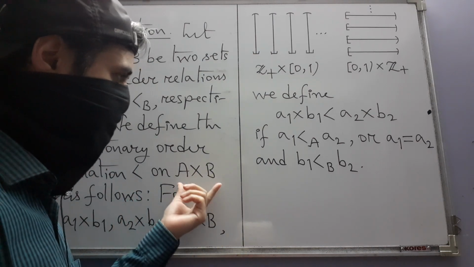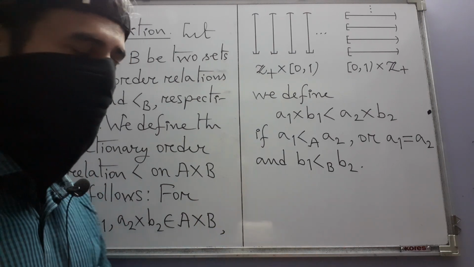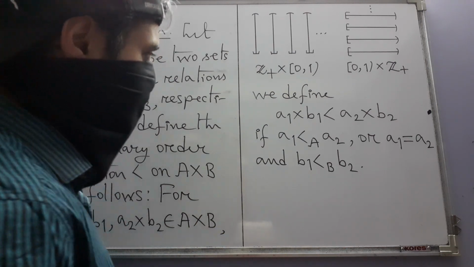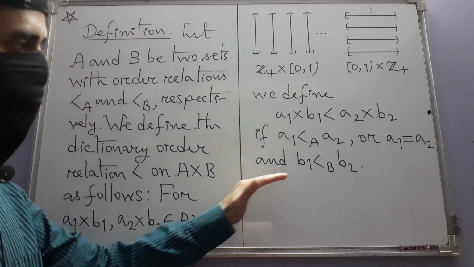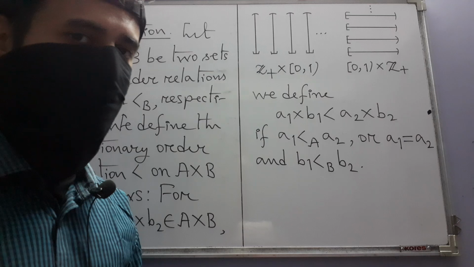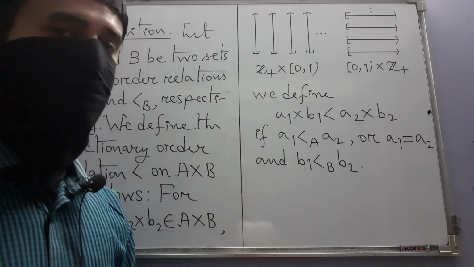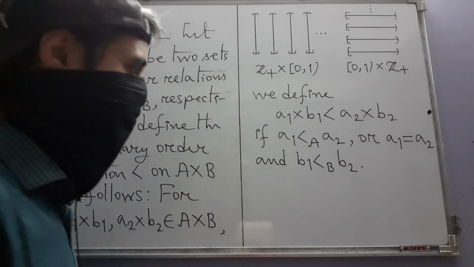The original sets must have ordered relations on them for this to be considered. Now, one of course has to check that the conditions for an ordered relation are true for this. That we will do in exercise 9.